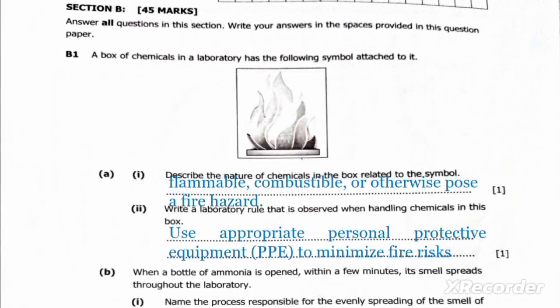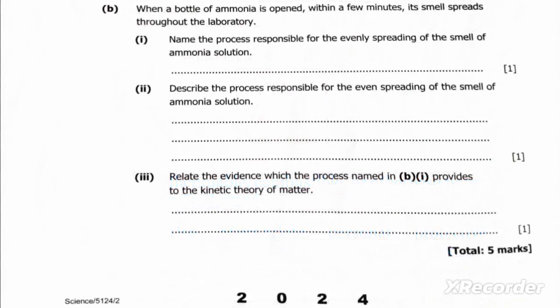B, Roman numeral 1. Name the process responsible for the even spreading of the smell of ammonia solution. So the process that is responsible here is diffusion.